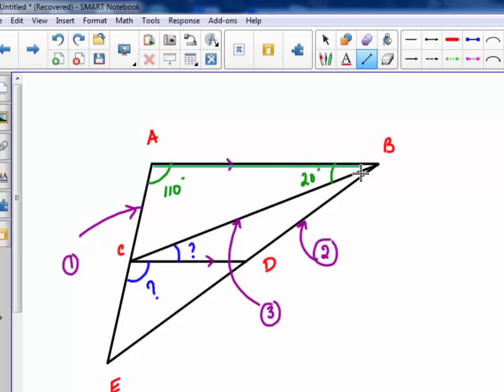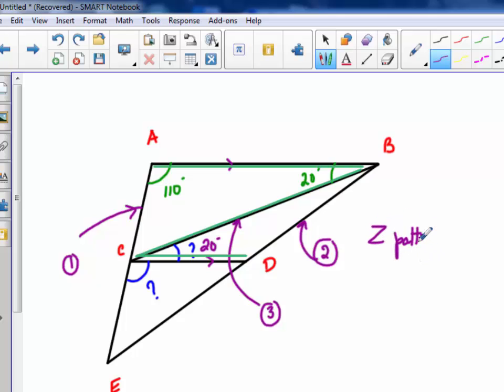If I join AB, BC, and CD, I did what now? I constructed a Z pattern. From here I can see right away that this angle 20 equals this unknown angle 20 again. Why? Because they have the Z pattern. That means they are alternate angles.